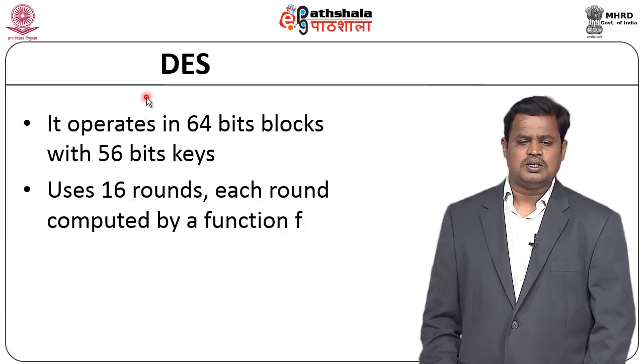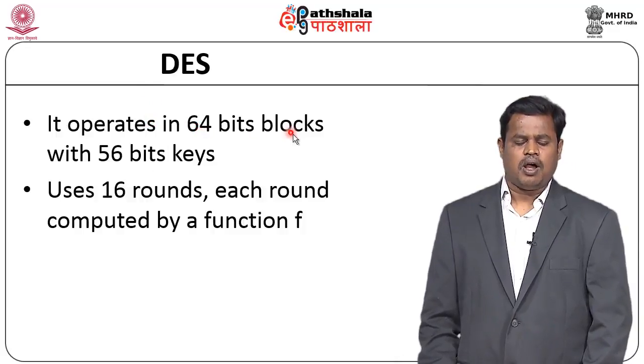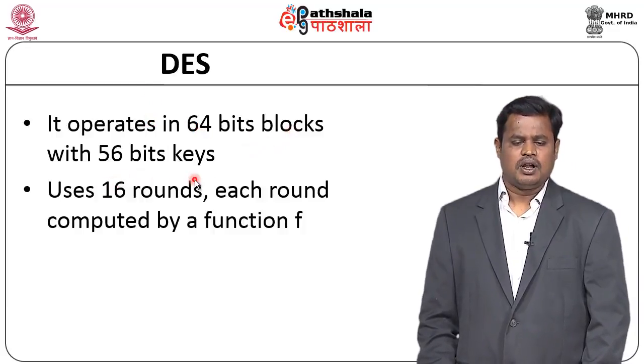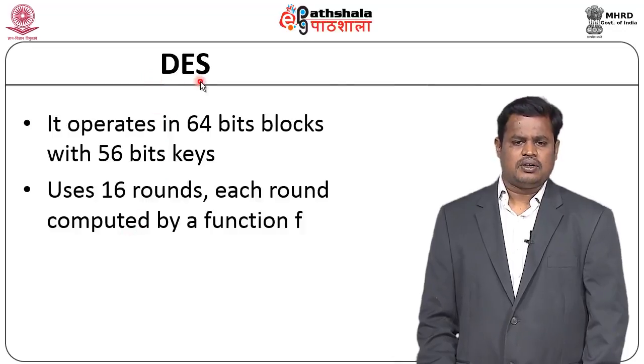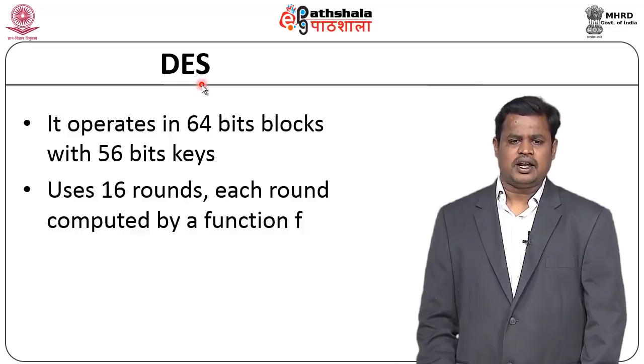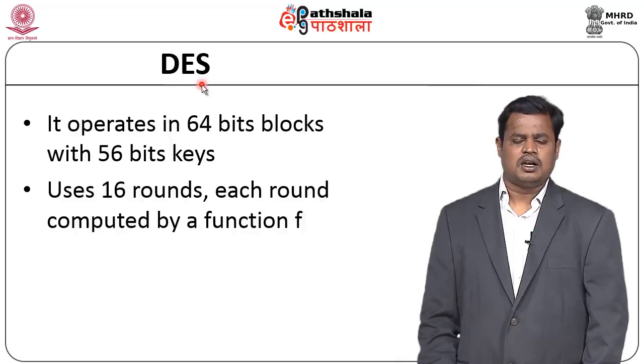This is our overall idea of the DES algorithm. Now we need to understand the simplified version, so that we can easily understand the working principle of the Data Encryption Standard algorithm.